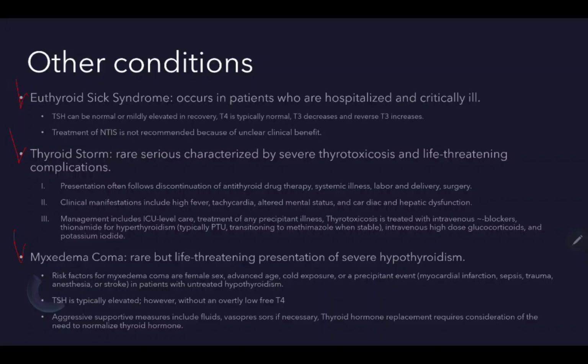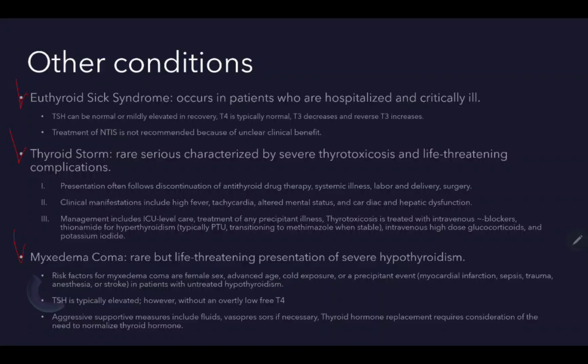It's rare. Why? Because most of the time we manage this patient before we do our procedures. So for example, before we do surgery, we already manage the thyroid hormone. We give medications to stabilize the thyroid, then we do thyroid surgery. Before the patient gets to the stage of labor, we manage the patient, okay?